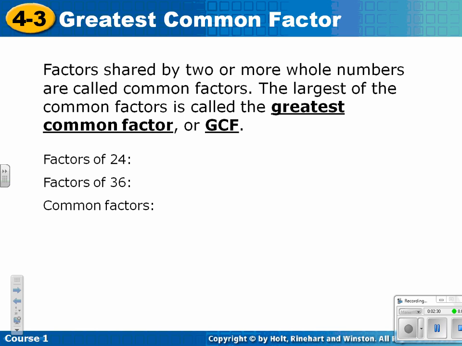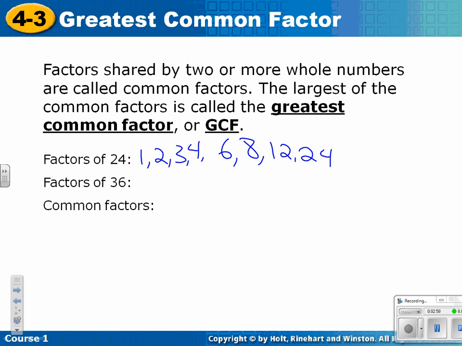Factors of 24. 1 and 24. 2, 12. 3, 4, 6. Okay. We didn't miss any, did we? Yeah, I don't think we did.